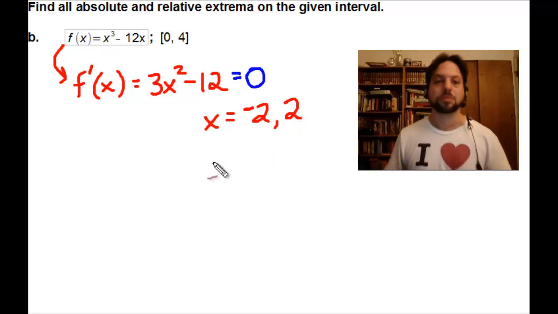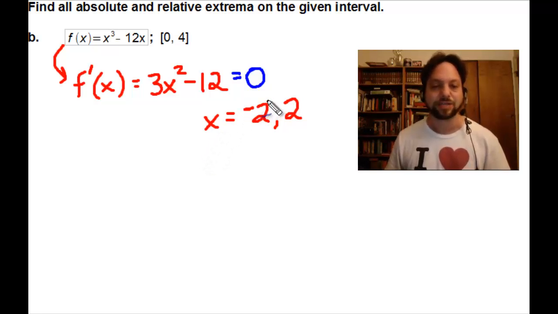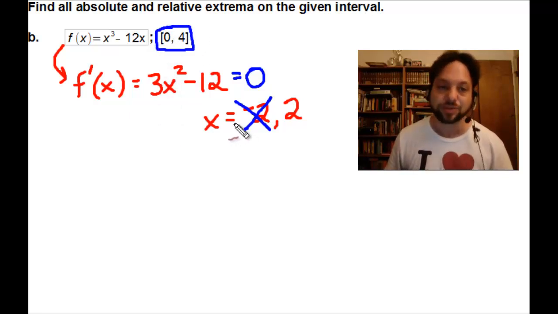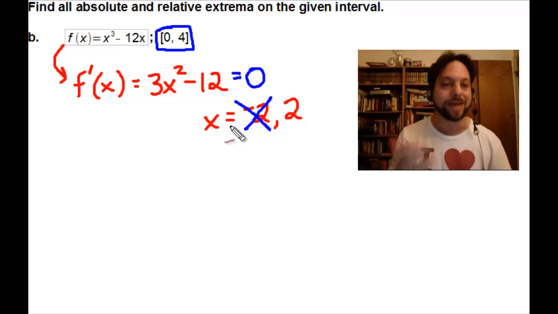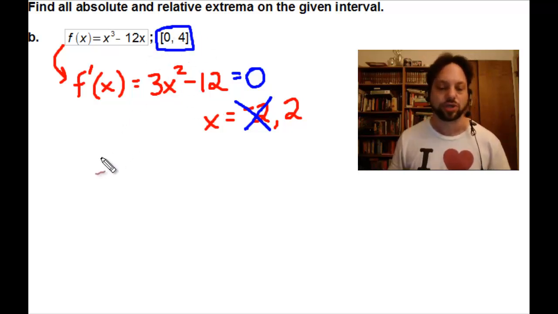And before I even say it, you might have already caught what I'm about to say. X equals negative 2 is not even in the interval that we're concerned about. So while x equals negative 2 might be a max or min, it doesn't concern this problem because it's outside the bounds at which we're looking.